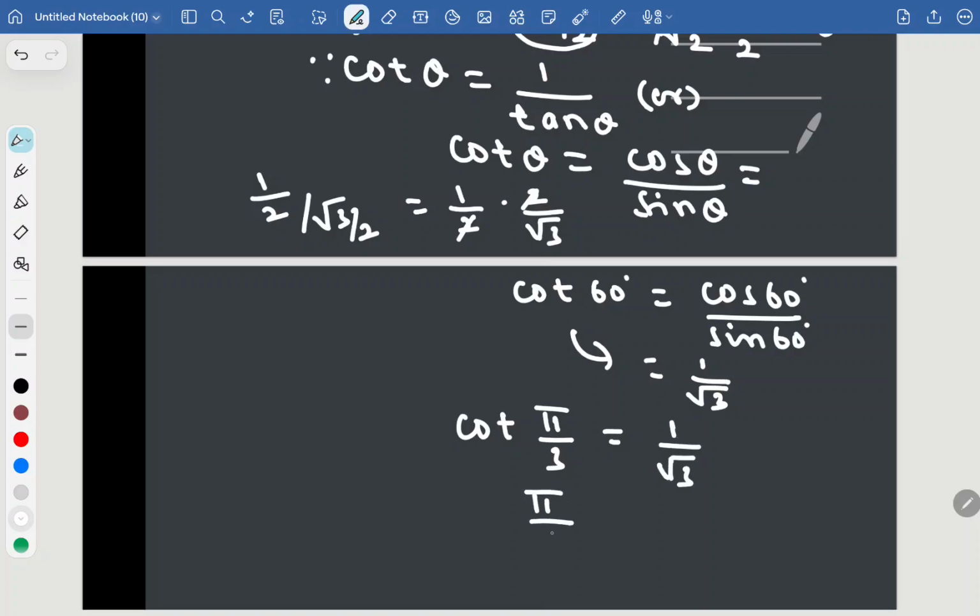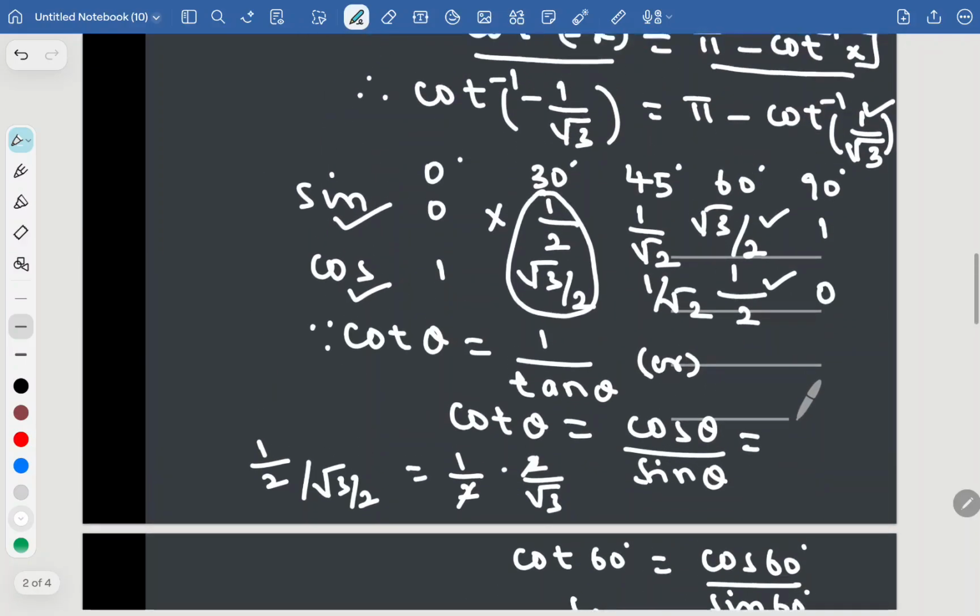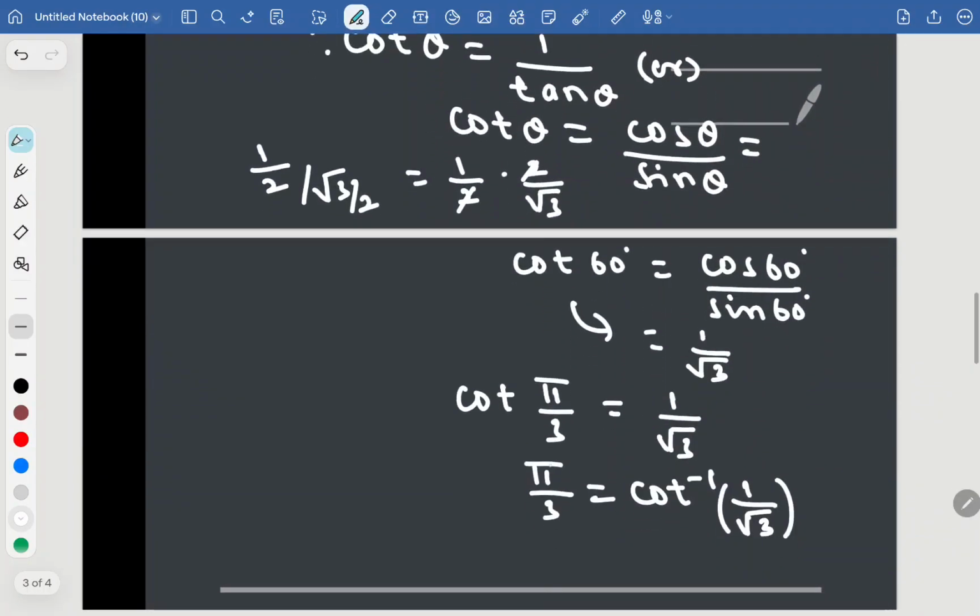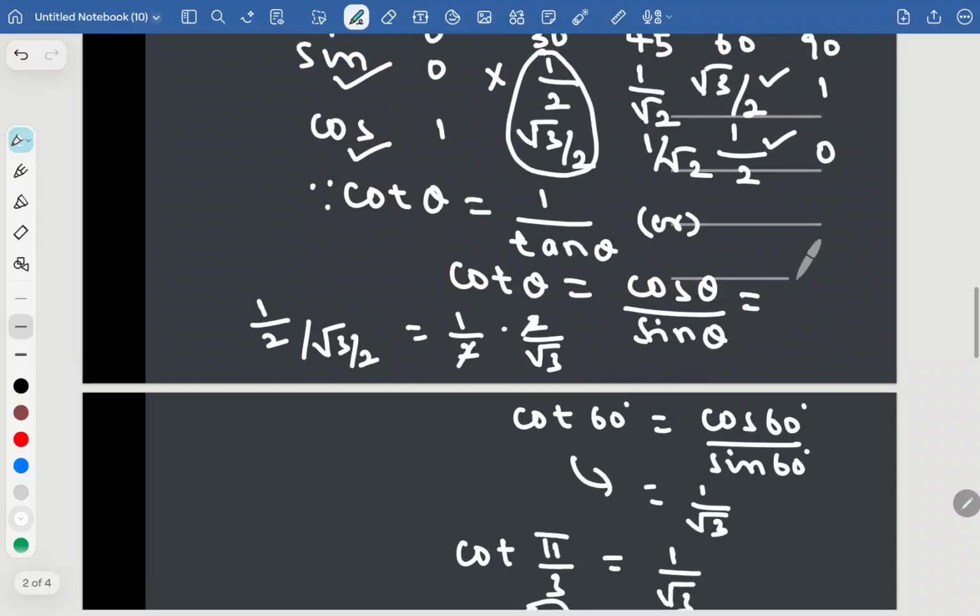What is pi by 3? Cot inverse of 1 by root 3. Therefore, for cot inverse of 1 by root 3, I will replace pi by 3.